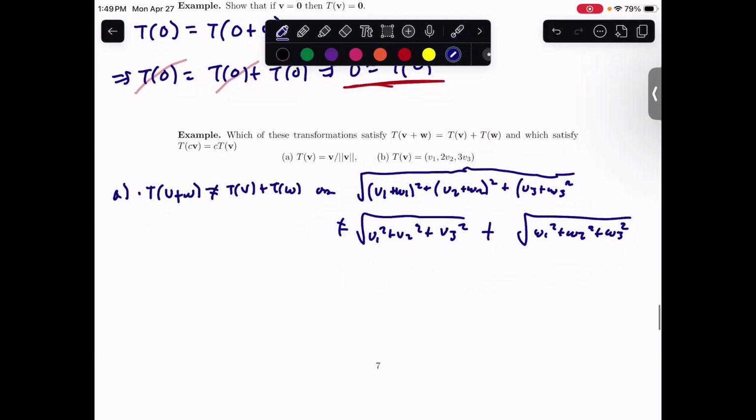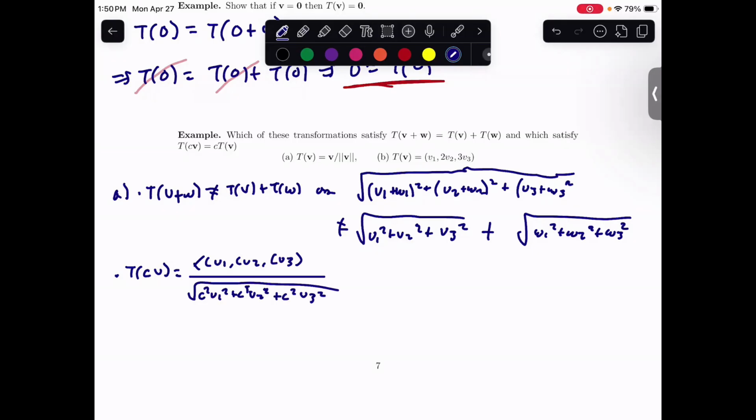And then additionally, if I did T of CV, that would give you the vector C of V1, C of V2, C of V3, and then that's going to be over the square root of C squared V1 squared plus C squared V2 squared plus C squared V3 squared.